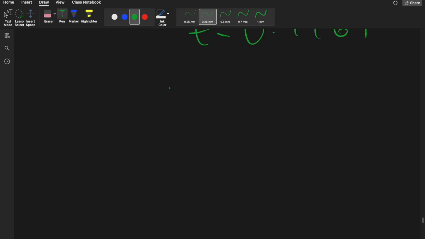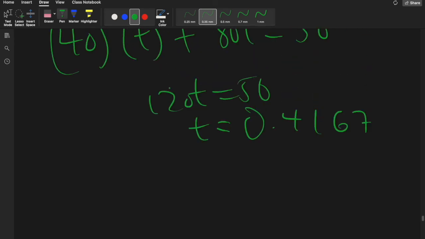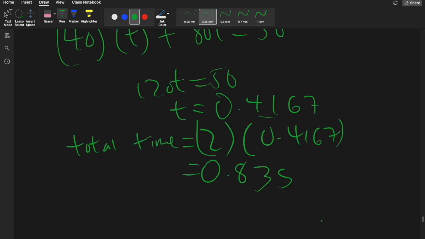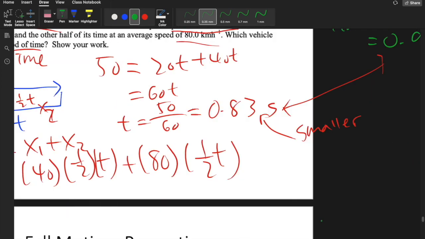But this question is asking for the total time, right? So you need to multiply this number by 2, which also gives you 0.83. So do not make this mistake.